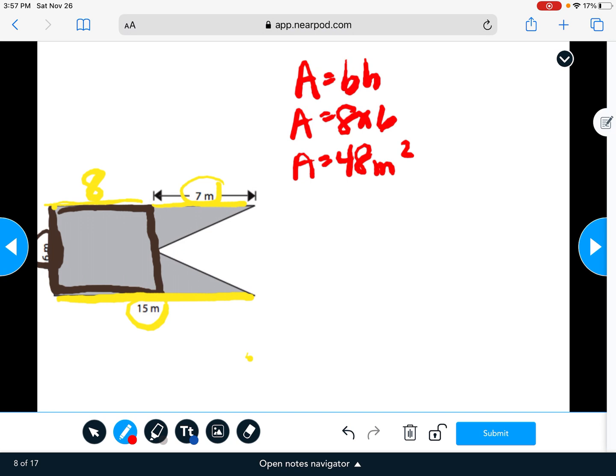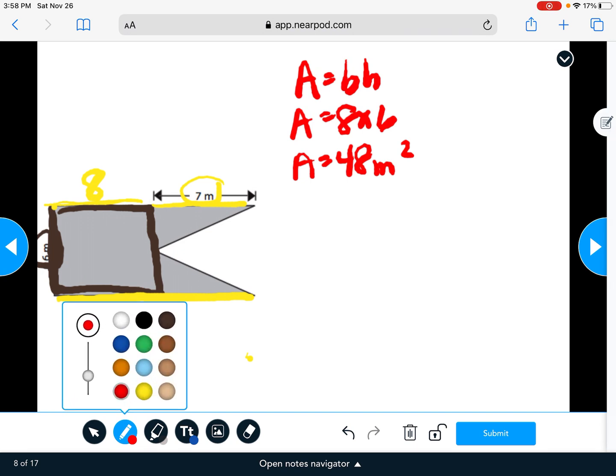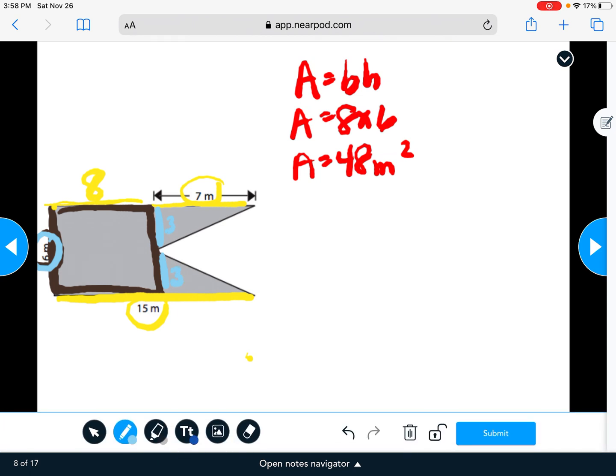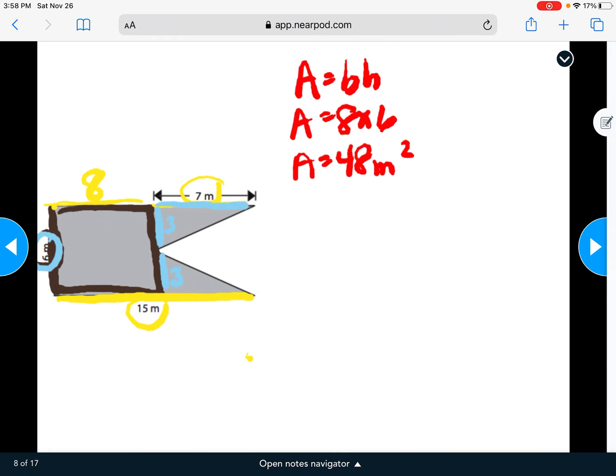Now for the triangle. So the triangle, as you can see here, the base of each one is half of that 6. So I have a 3 for the base of each of the triangles, and they each extend out 7. So each triangle is going to be base times height divided by 2.